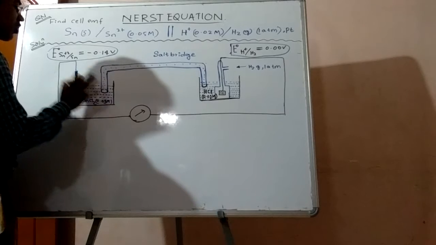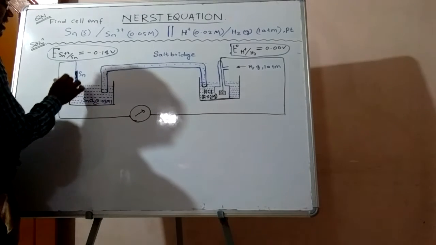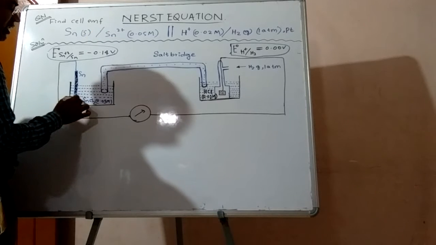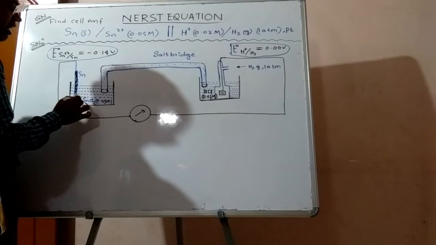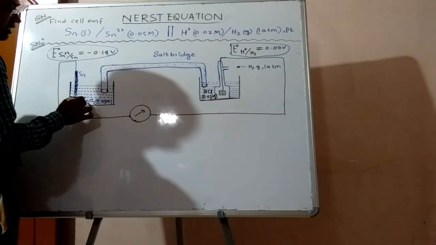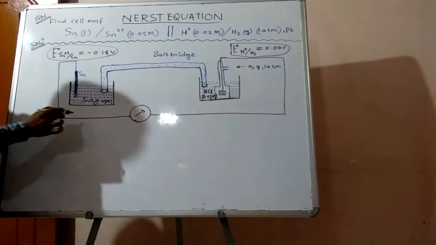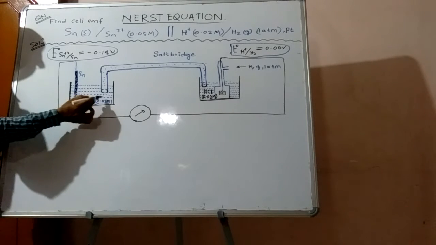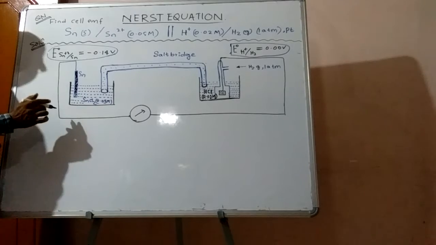So oxidation occurs here, and this is the Sn electrode, and Sn plus 2 means an electrolyte of Sn plus 2 is taken here. I may take stannous chloride, and its concentration is 0.05 molar.